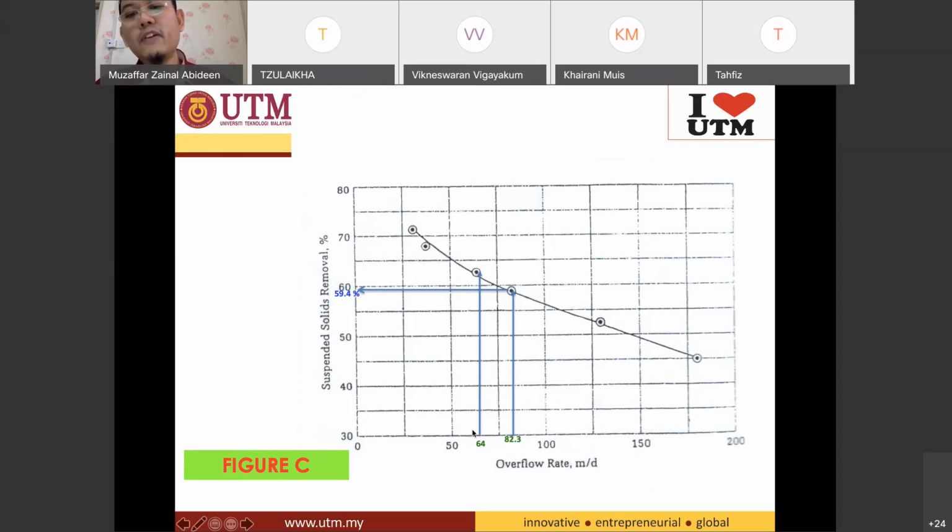This is when you have the 45 minutes time, and that will give you the RT to be 63. And then the last point is 37.9, and that will give you 68% of the RT. We are interested in 65, so 65 is there. Go down the line, and we obtain our V naught to be 50 meter per day.